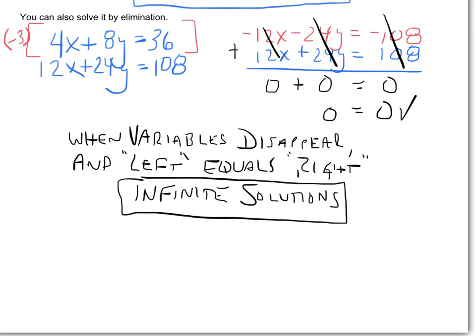Okay, again, the answer is 0 technically, but it's a lot more than 0. It's an infinite number of solutions.